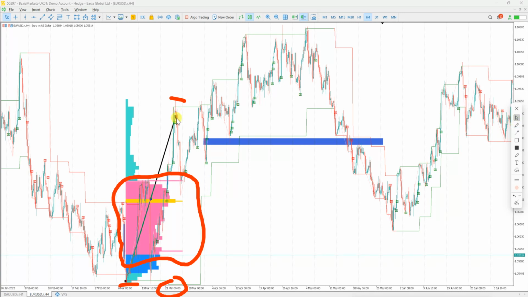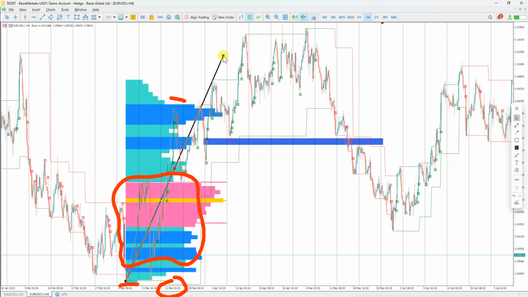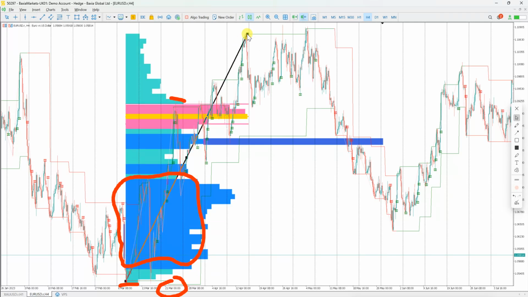Now we go to the future, the value area, and pay attention to the POC, the point of control, moving higher.